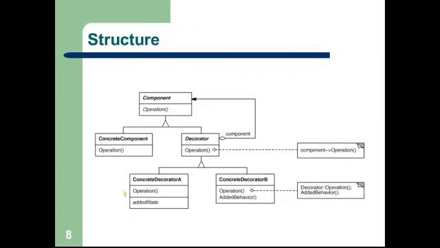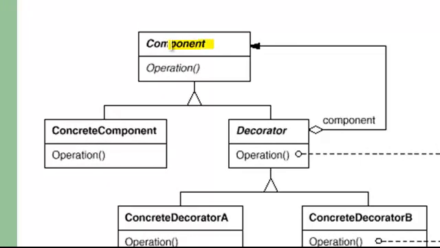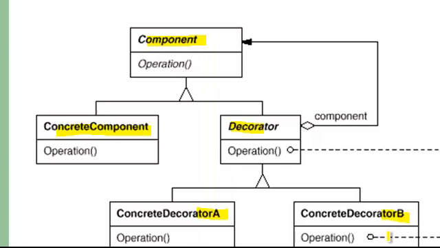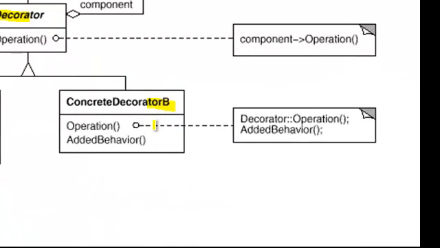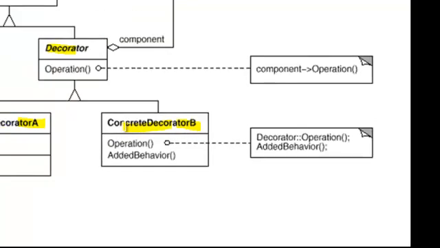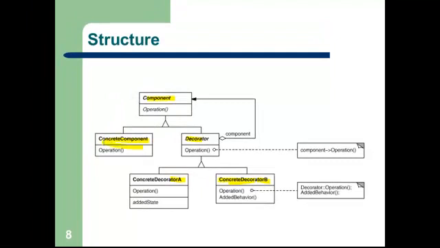What is the structure? Here's the structure for the pattern itself. Looks very familiar. Basically, we have a component, some concrete components, and we have the decorator, and the actual implementation of the decoration. So this could be a sports car, this could be a truck, and this would be a basic car.